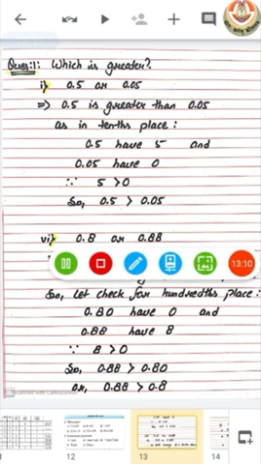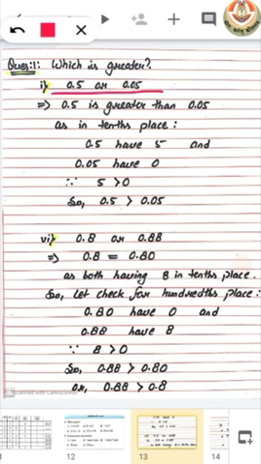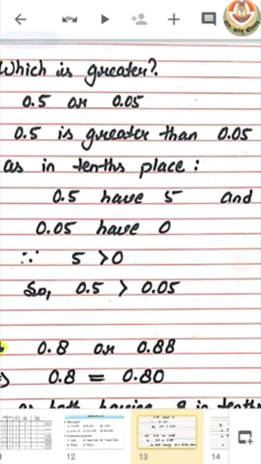Here you can see that in the first part we have 0.5 and 0.05 to compare. As we know, for comparing decimal numbers, first we have to see the numbers on the left side of the decimal. In both cases, on the left side of the decimal we have 0. That means we have to see the right side of the decimal for comparison, from the leftmost side.